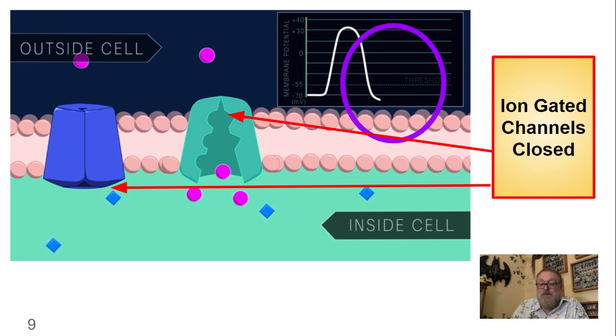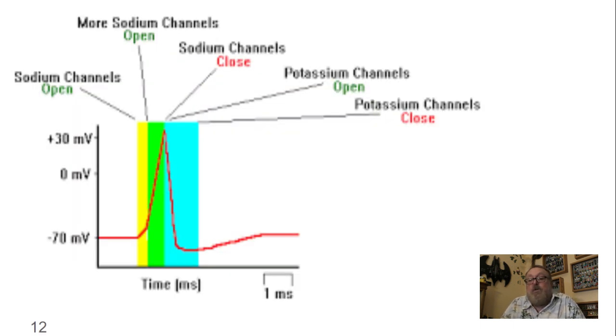So let's toggle back from slides 6 to 7 to 8 and then to 9. Please note the purple circle in the upper right hand corner and see how the action potential actually plays out. Slide 12. This shows the action potential with the sodium and potassium ion gates superimposed upon it.